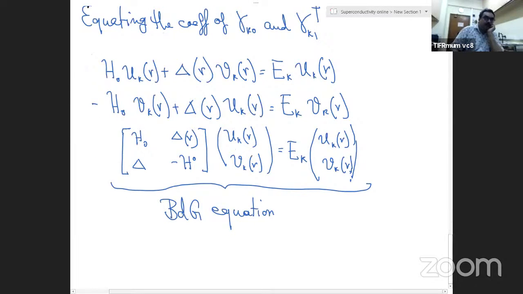All right. One thing that I want you to appreciate is that if I put delta equals to 0, then these two equations become decoupled, and I just get this is the equation for the electron, and for the hole the energy is negative, it's a time reverse state.